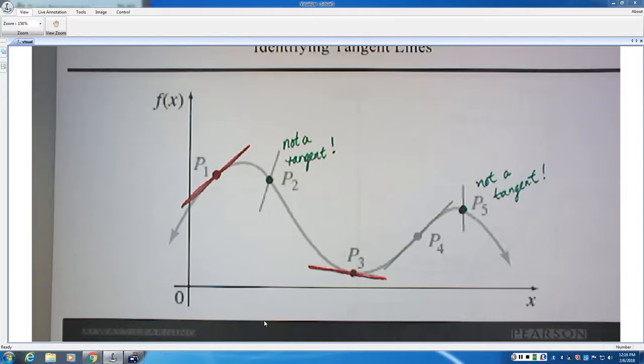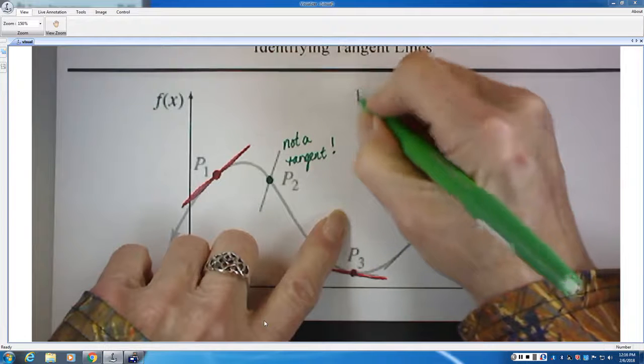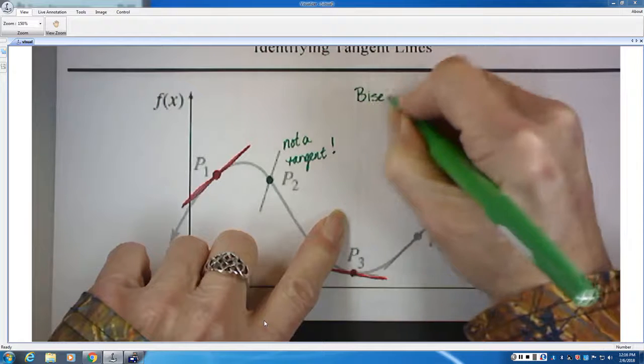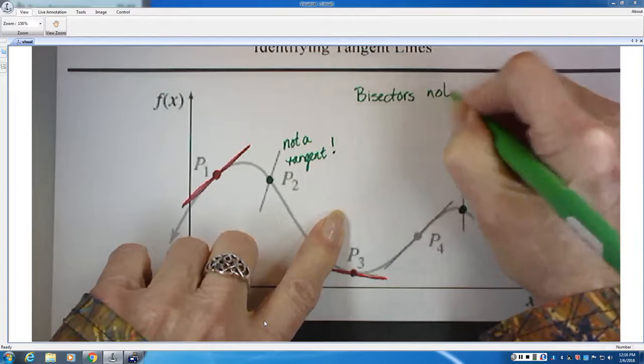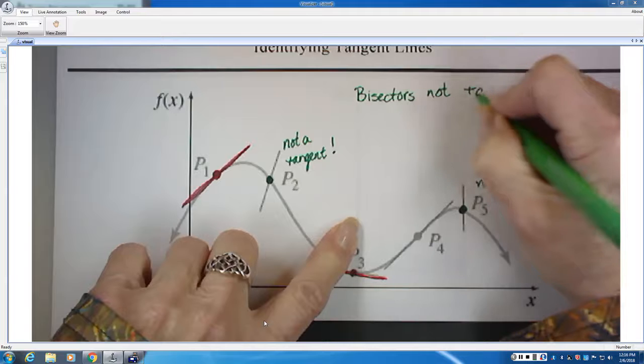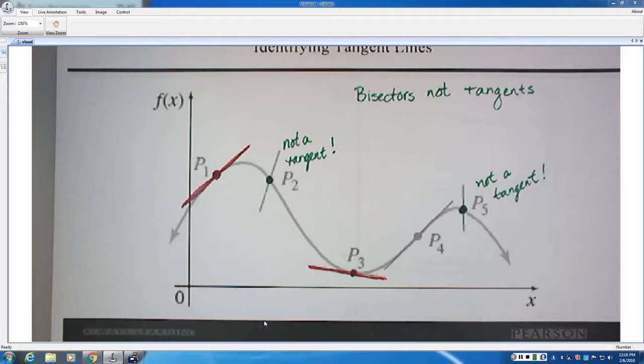And the reason that it's not a tangent is because regardless of the fact that it only touches the curve in one single point, it actually bisects the curve. Bisect means it actually cuts it in half. It cuts it into 2 pieces. Okay? So those are not tangents.